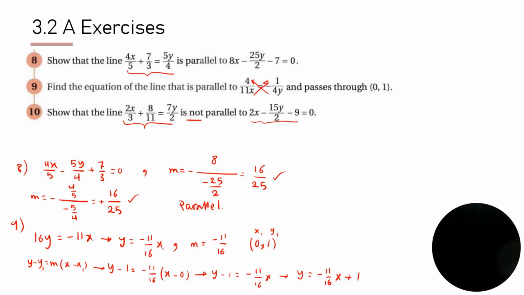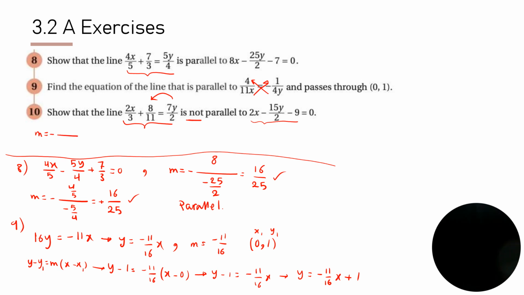To show that they are not parallel, it's enough to show that their slopes or gradients are not equal. What to do? Find the gradient of each one and show that they are not equal. The first one, the gradient would be m equals, just consider that we have to move it to the left side, so it becomes negative.